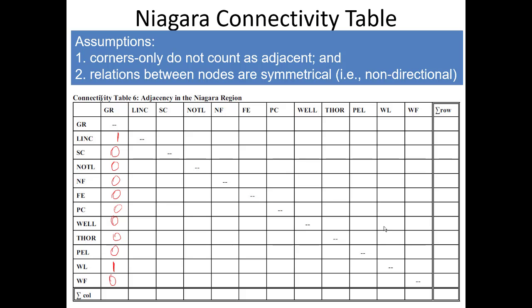That is located sort of between Fort Erie and Wainfleet. Well is Welland. That's located on the Welland Canal, between Port Colborne and Thorold. It's a way to remember that. PEL is Pelham, or Pelham, as I like to call it. WL is West Lincoln, and WF is Wainfleet. So that's what those acronyms stand for.